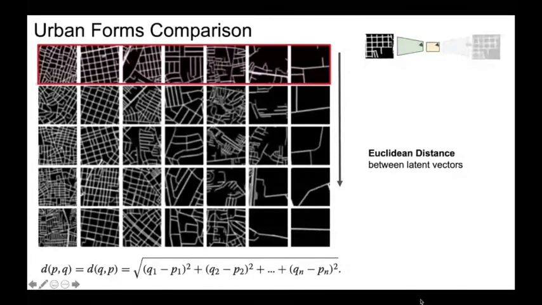Can you see in this image? You can see by columns how images are more similar, and going from left to right, you find less similar images, and this is measured by the Euclidean distance that we have there. And again, these are all pieces of centers of cities.